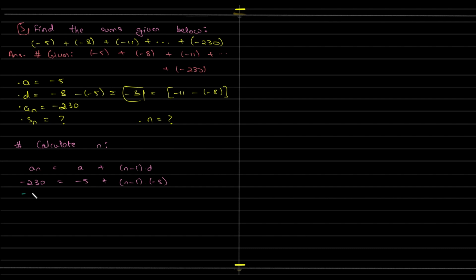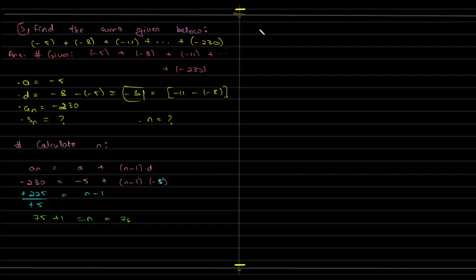Transposing this, it will be minus 225 divided by minus 5. Again, I'm just calculating things fast. If you do it systematically, you'll get the same answer. Minus minus is plus, and the division leads to 45, plus 1 is equal to n, giving 46.